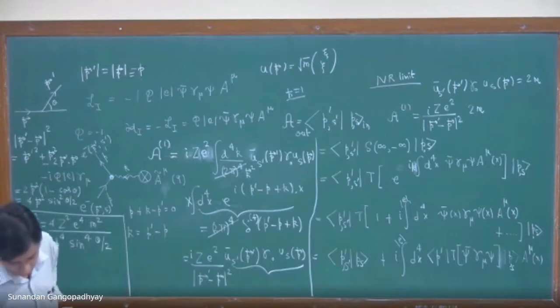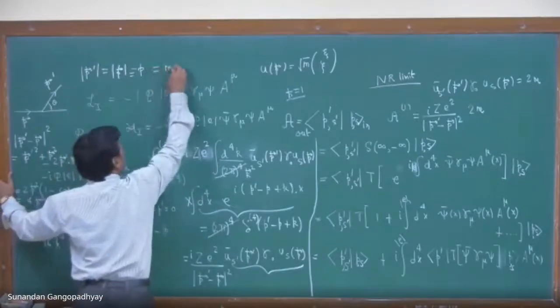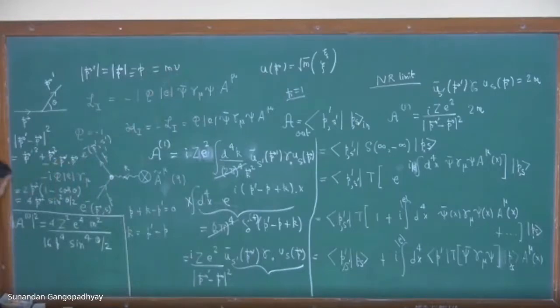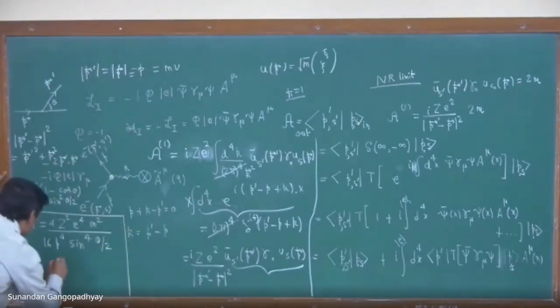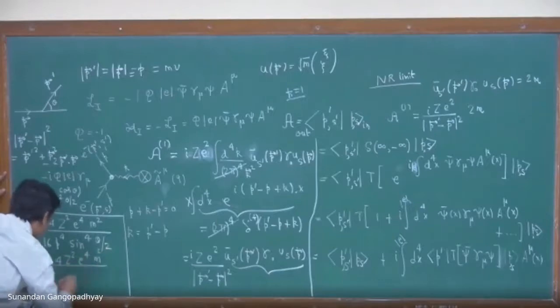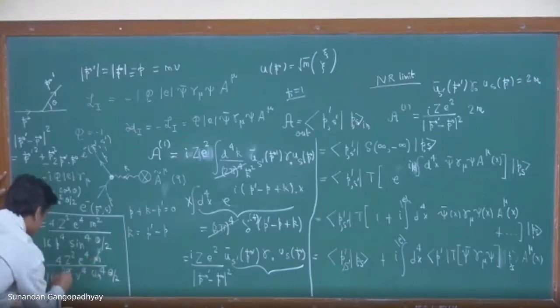And in terms of velocity, this is mass into velocity. This V is also again the modulus of the velocity vector. So this gives 4 z square e to the power of 4 m square by 16 m to the power 4 v to the power 4 sine 4 theta by 2. m square and m square cancel, so this gives you 2.